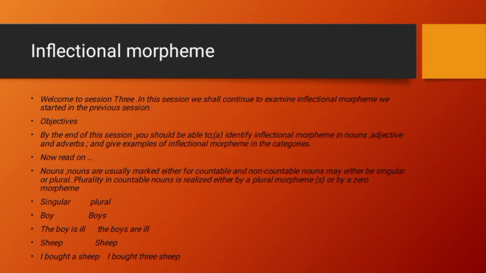Plurality in countable nouns is realized either by a plural noun s or by a zero morpheme. Singular and plural. Okay. Boy, so the plural is boys. The boy is ill. The boys are ill. Sheep: I bought a sheep. I bought 3 sheep, which is the plural.